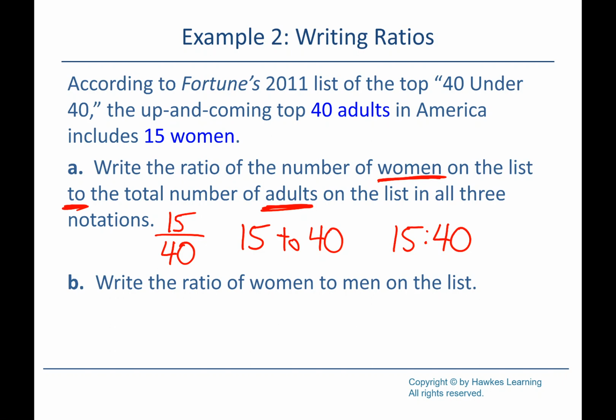Now B is the one that we have to think a little bit harder on. Not much, but a little bit harder. B says write the ratio of women to men. Yeah, so how do we figure out how many men we have? It doesn't tell us, but it does tell us the total we have. It tells us we have 40 adults.